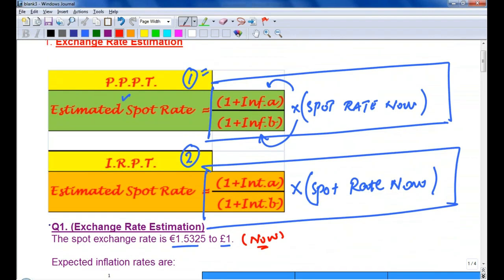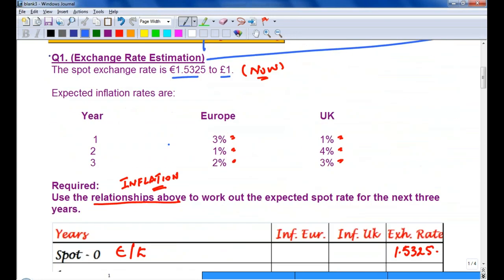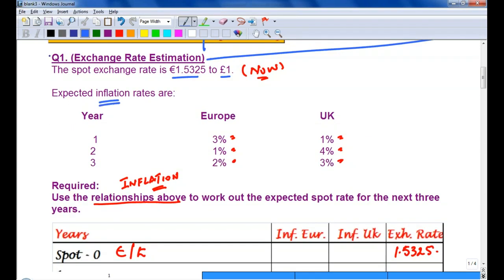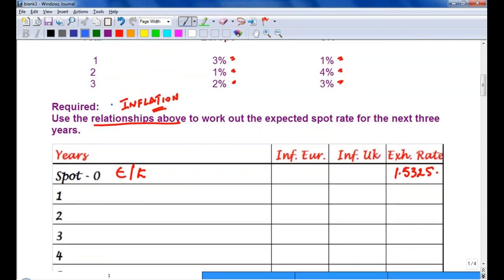Definitely if the data is given as inflation, then we will use purchasing power parity theory. If the data relates to interest, then interest rate parity theory. Here, in the case of inflation, we use the relationship of inflation.